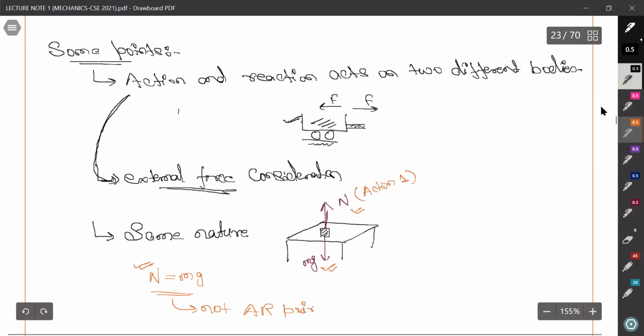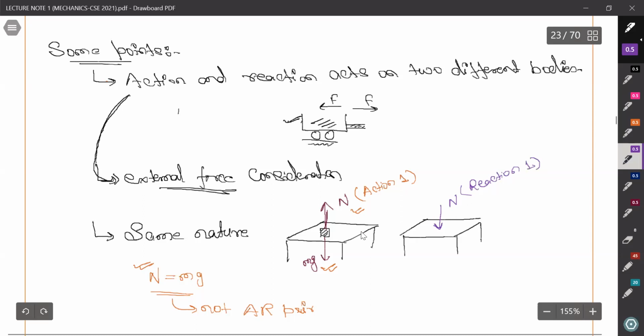So where are the reactions? If we consider normal as the action, then on this table, this block is also exerting a force, normal. This is reaction number one. If normal is action number one, then the reaction is also normal, applied on the table by the block.